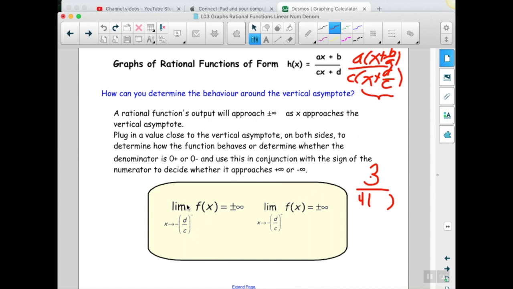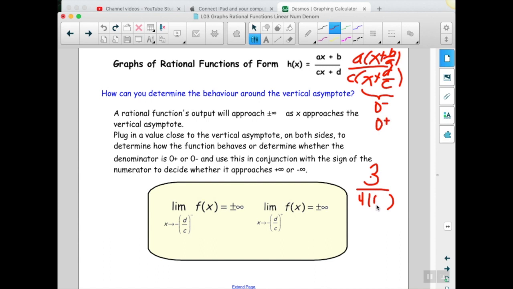Alright, because we're approaching negative d over c, if this is larger in magnitude than this, then we're going to be approaching 0 negatively. If x is now smaller in magnitude than d over c, then this has the larger magnitude. It's positive, so we're going to be approaching 0 positively.